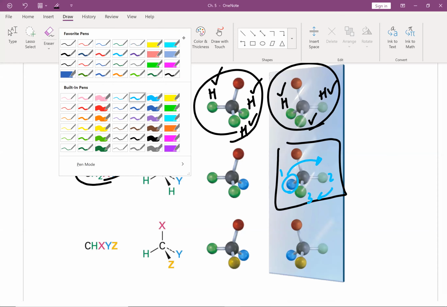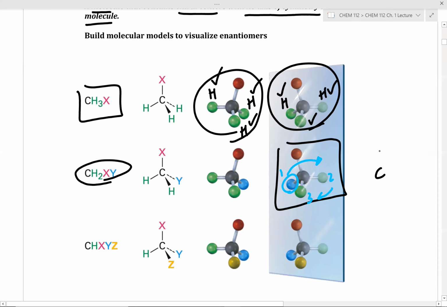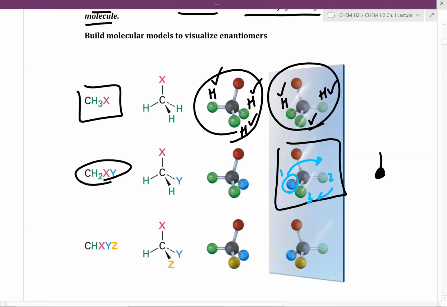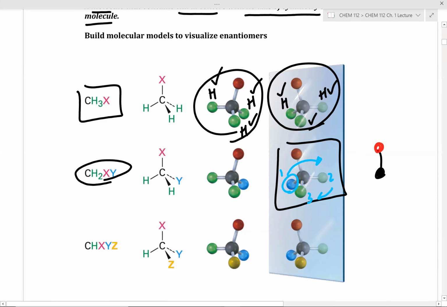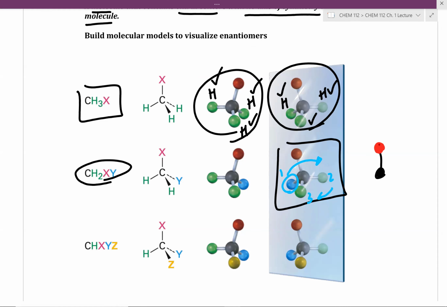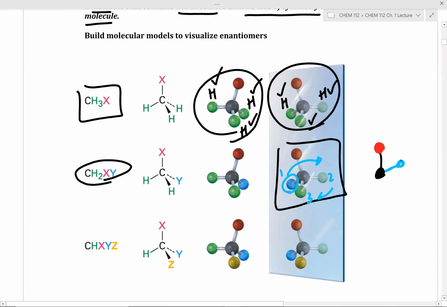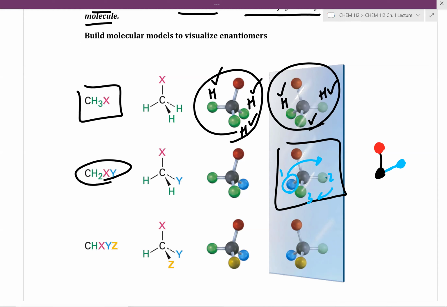So then, from this perspective, our red substituent X is unchanged in position. We didn't rotate our substituent X. Our blue substituent Y, after it's rotated, is now in the back, in the position that substituent 2 occupied.